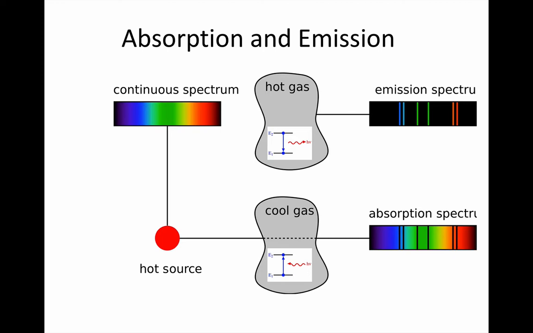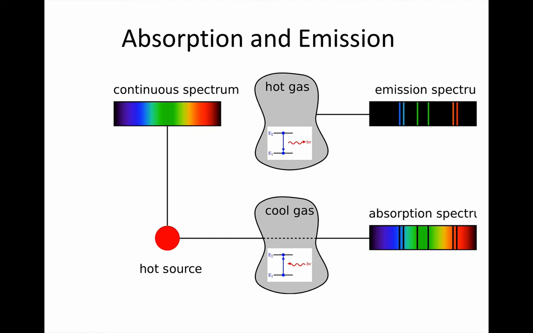Now, let's imagine we have a bunch of gas that is quite hot. That's at the top there. Now, that gas will have enough thermal energy that electrons are actually jumping between energy levels. And each time an electron jumps down a level, as you can see inside the hot gas there, it will give out a photon.